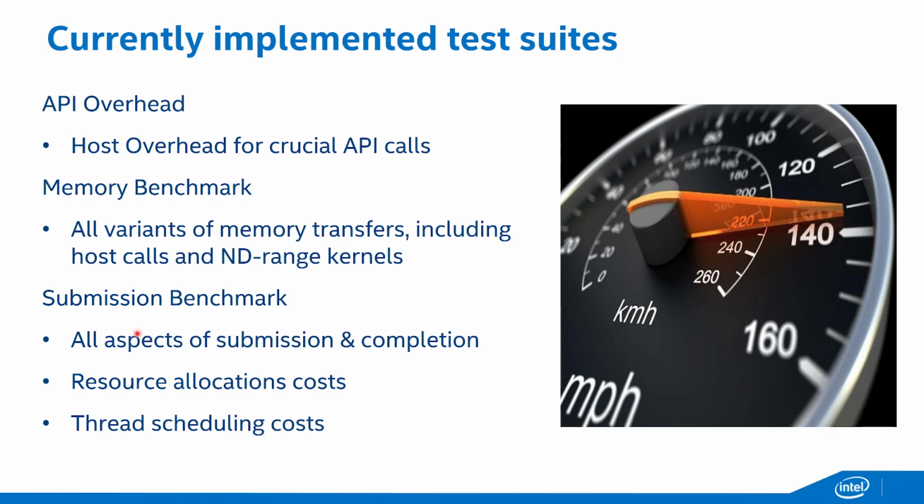In this benchmark, we also measure the thread scheduling costs. If you execute an empty kernel, how long would it take the GPU to schedule one thread, 1 million threads, 10 million threads, and how efficient is the GPU in scheduling those. All of those things related to submission are measured in this benchmark.